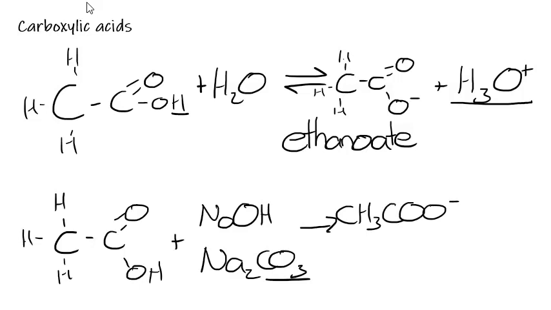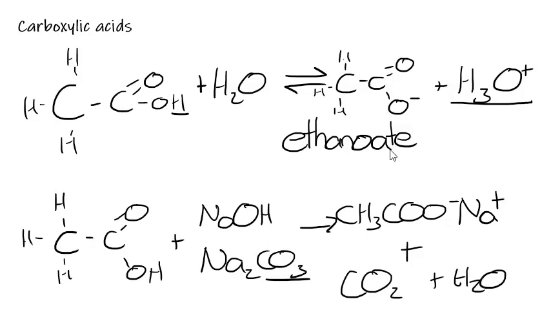COO minus. This is drawn here just to show the exact same thing as what I drew there. And then we would have a sodium ion bonded to it with an ionic bond. And we're also going to get carbon dioxide plus H2O. The carbon dioxide we will observe as bubbles.